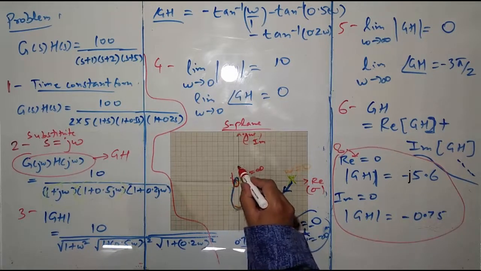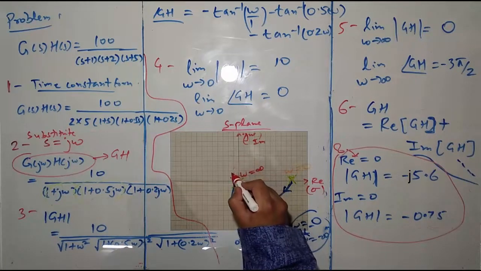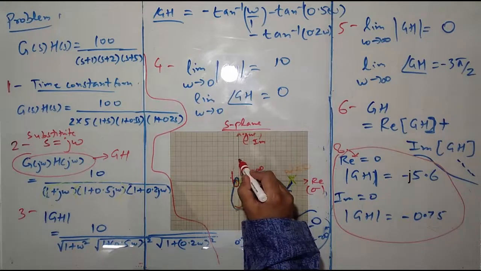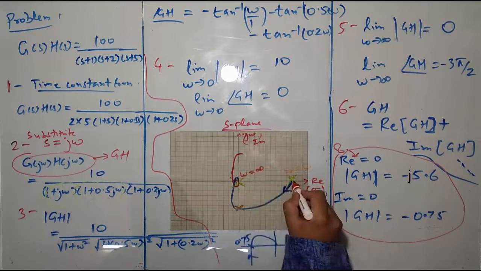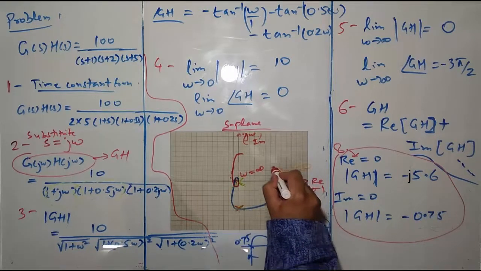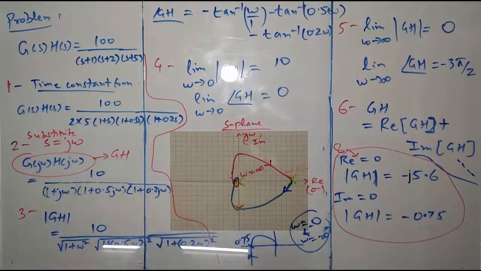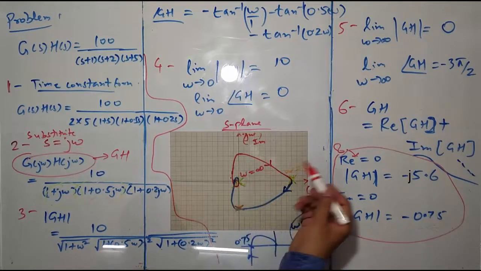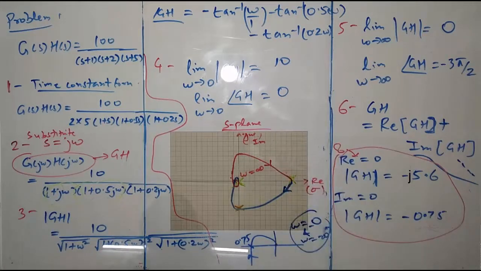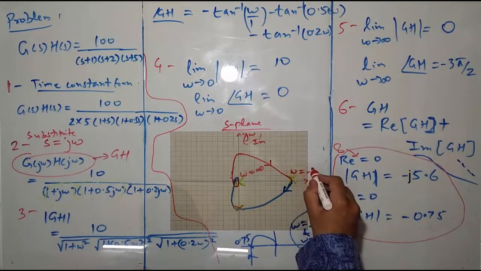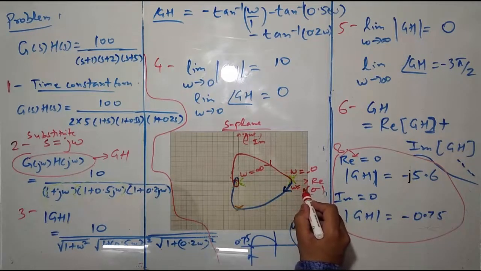1, 2, 3, 4, 5, 6. So this is 5.6. And we'll be connecting this. This particular point, the last point that we obtained, corresponds to omega minus 0, while the starting point was plus 0.